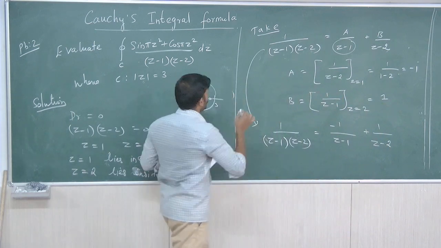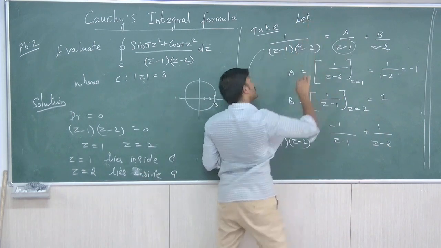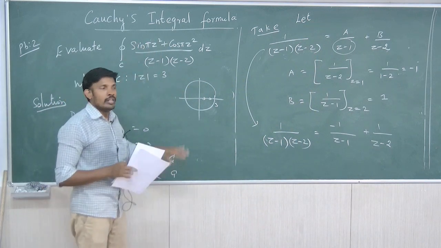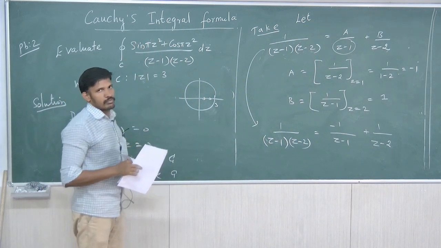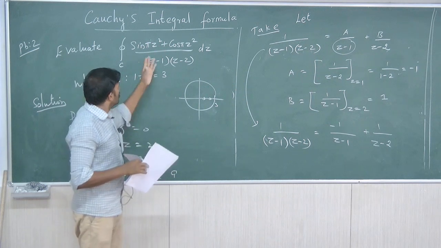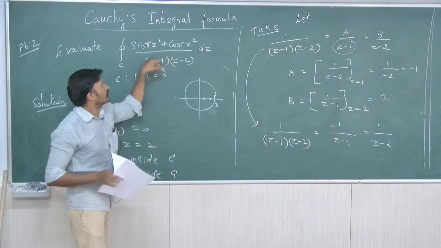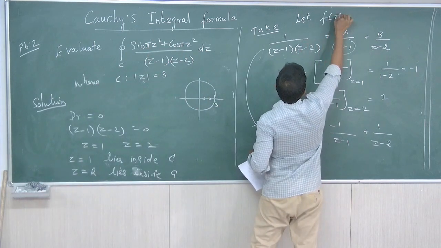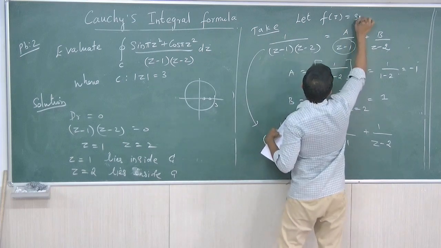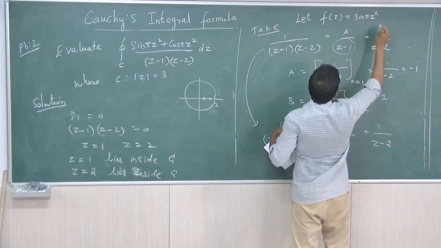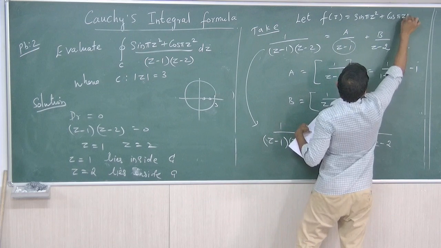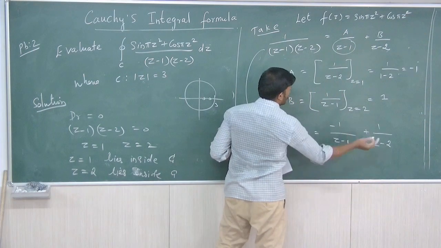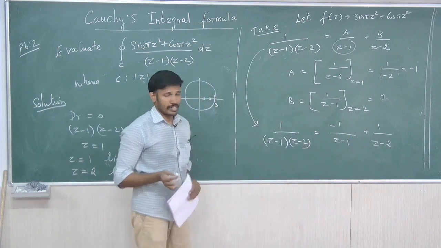So here, in most cases I am going to take the numerator as f of z. Here also, by using the previous example, I am going to take the numerator as f of z. So here f of z is nothing but sin pi z square plus cos pi z square. Now I am going to multiply f of z on both sides in this last expression.